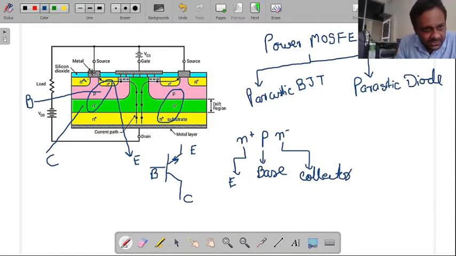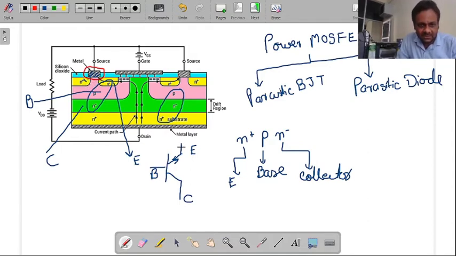This metallic contact, the source contact, short circuits this N layer and the pink P layer. Here you can see this metallic contact given in the source terminal. This short circuits the N plus layer and P layer.